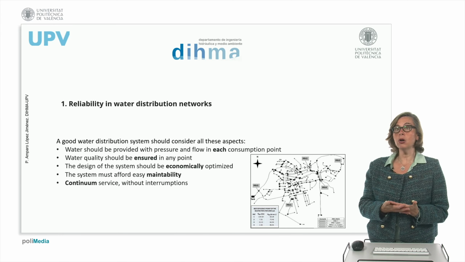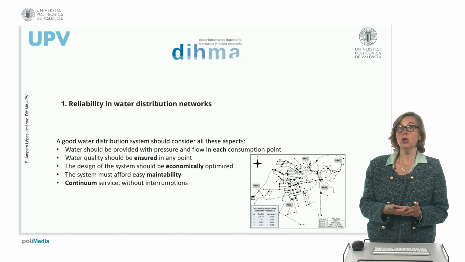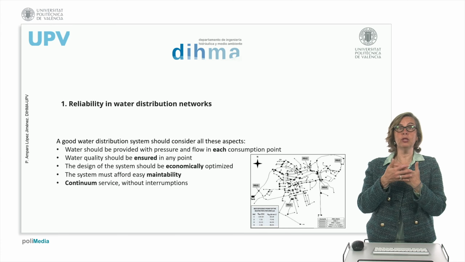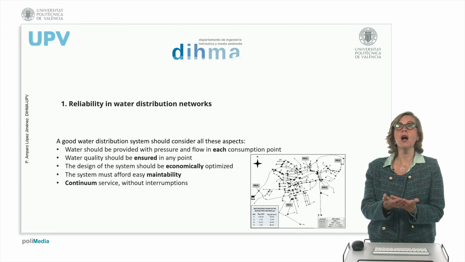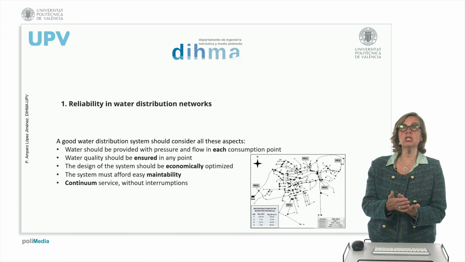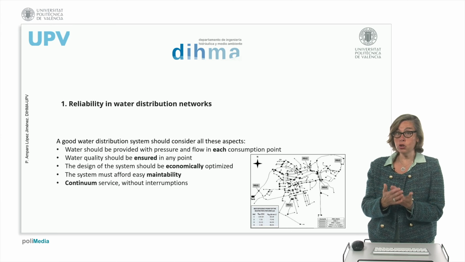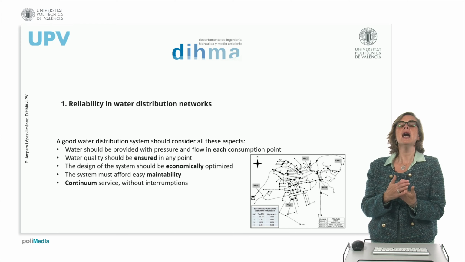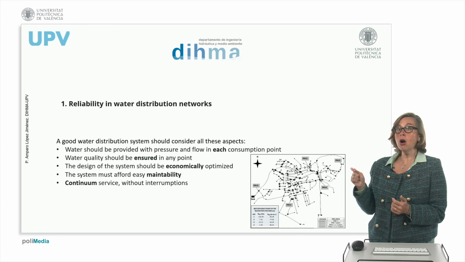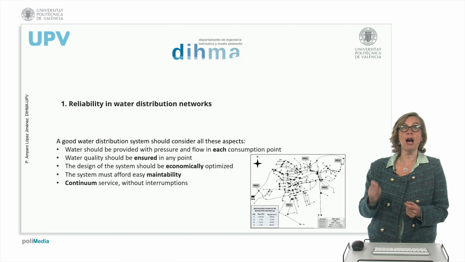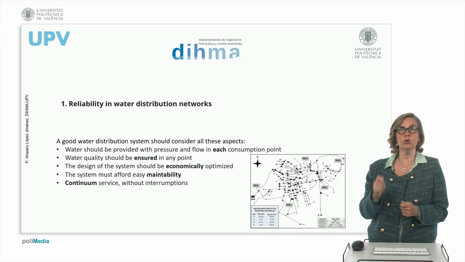It depends on how we have the system. In any case, we have to give pressure and flow to each consumption point, ensure water quality, and economically optimize the flow and the energy implications. The system can and should be easily maintained, and we have to give a continuing service. When we give all these conditions, we have a reliable water distribution network.